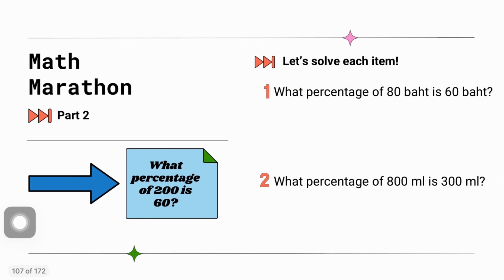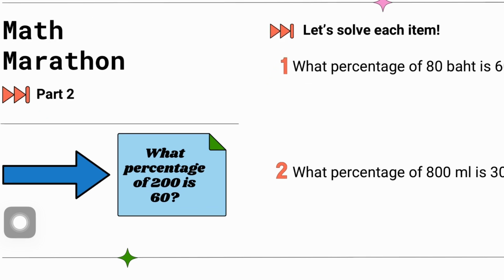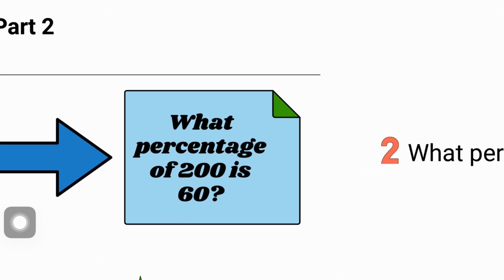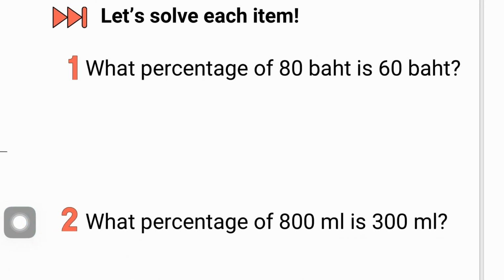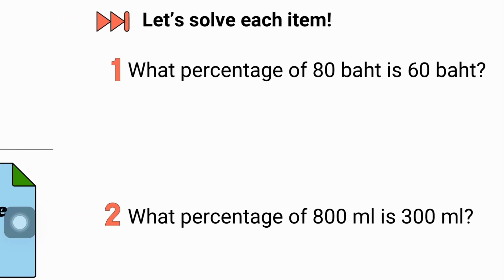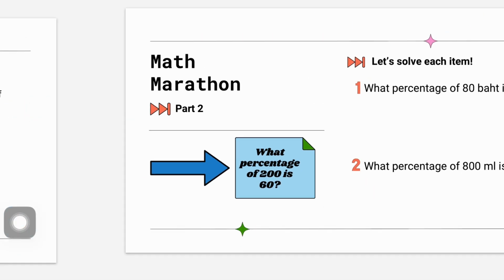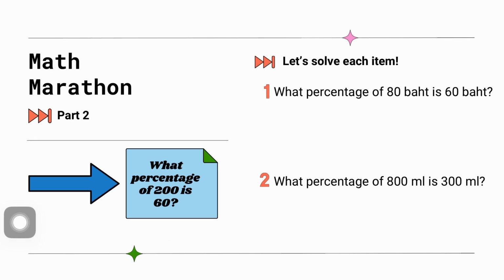The next part that we will have is solving for the percentage. We will be answering the questions: what percentage of 200 is 60? What percentage of 80 baht is 60 baht? And what percentage of 800 ml is 300 ml? So in this part, we have a different method. Since we are answering the question, what percentage of?